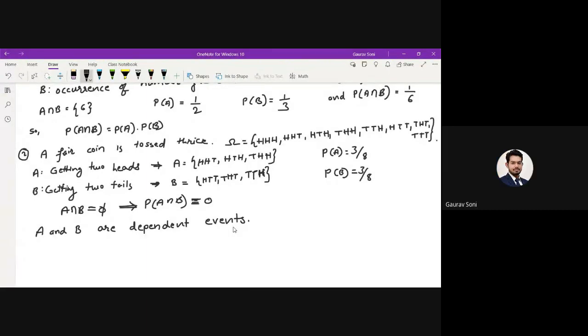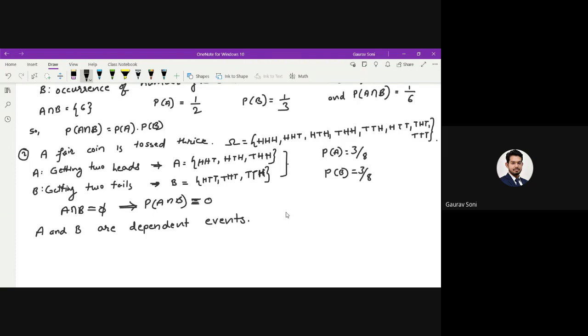Look, if two events are independent, it doesn't imply that they are mutually exclusive. And if two events are mutually exclusive, it doesn't imply that they are independent. What is happening in this case? Both events A and B are mutually exclusive, but that does not imply whether they will be independent or not.